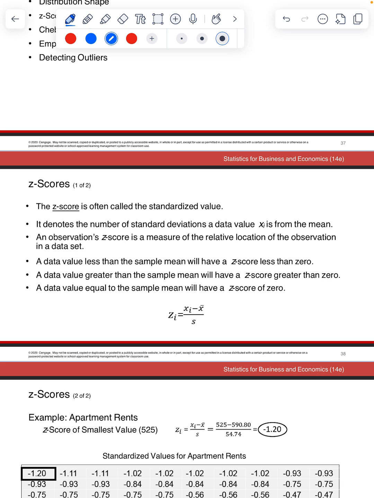If the data is greater than the mean, the z-score is greater than 0, it is going to be positive. And if the data value is equal to the sample mean, it's going to be 0. If the data value is less than the sample mean, the z-score is going to be negative. So your formula for z is going to be your value x minus your mean over your standard deviation.